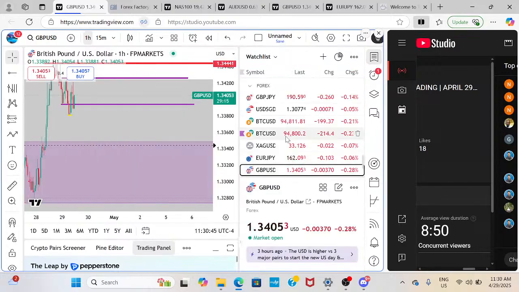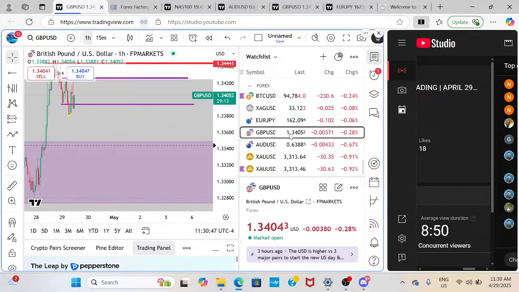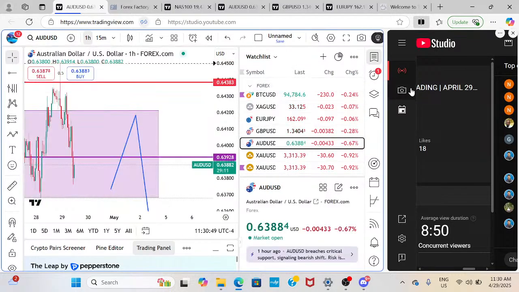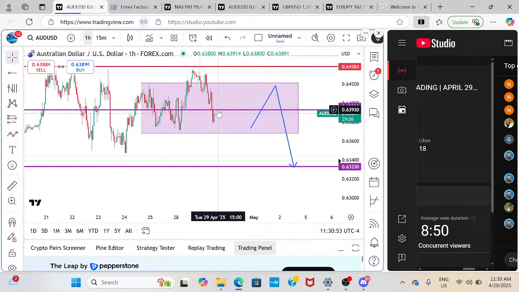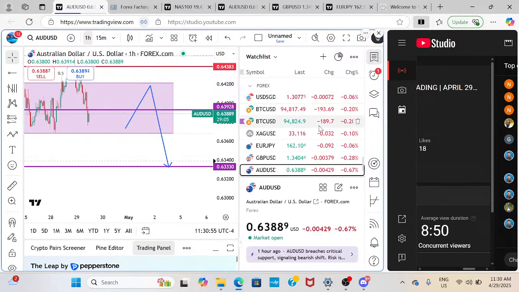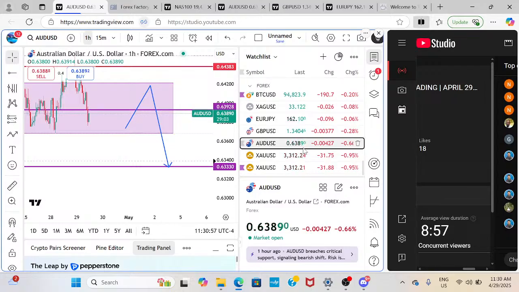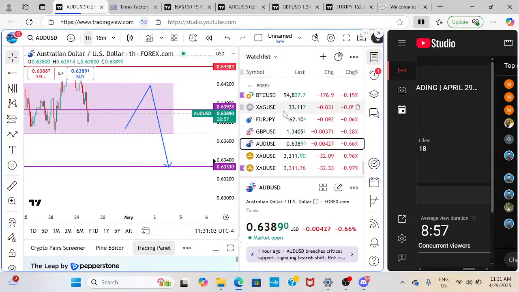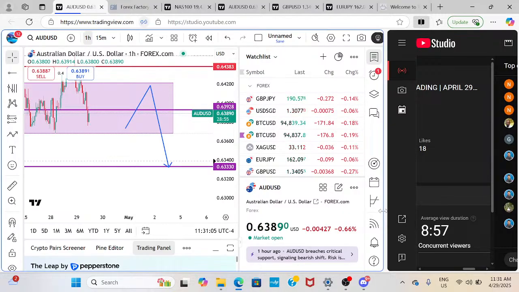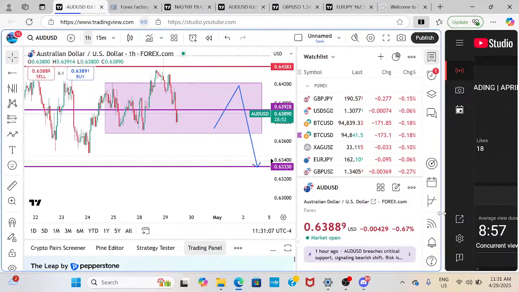Okay, and then AUD/USD is also a sell. Okay, so it looks like everything is going to be a sell for today. And then, yeah, next pair, let's see what we can analyze next. Oh yeah, Bitcoin. Okay, so Bitcoin is the next pair. And then after that, I'll look at the requested pair, GBP/JPY.